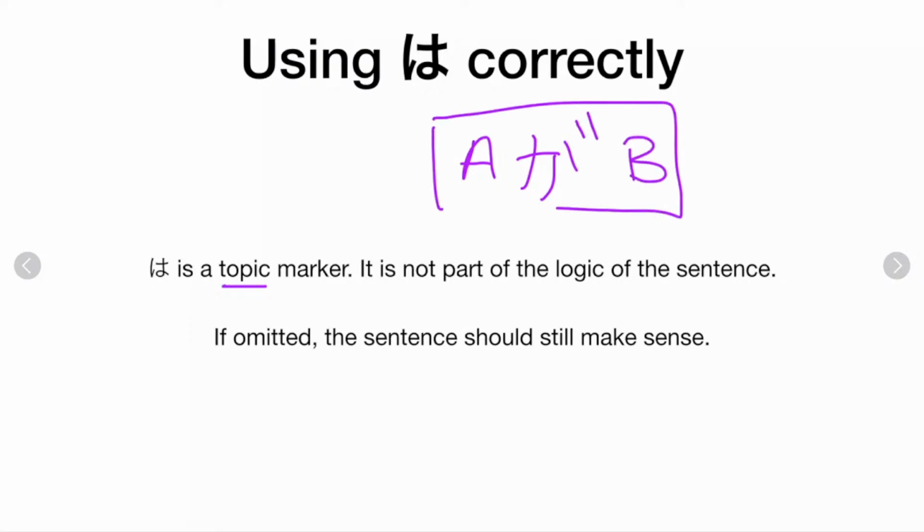This is structural. This is the grammar of the sentence. Whatever is topic marked does not actually matter. It's kind of like a flag that's just attached to this, but it doesn't have to physically be there. And so if you were to remove it from the sentence it should still make sense.